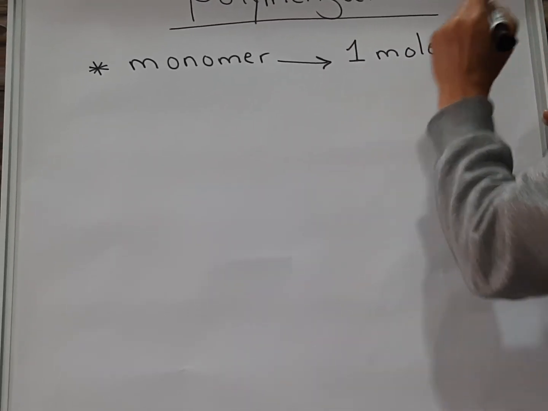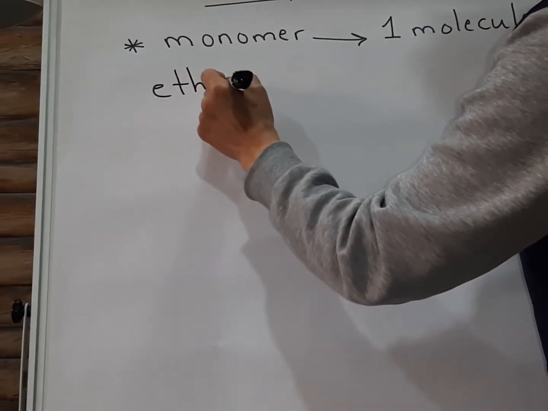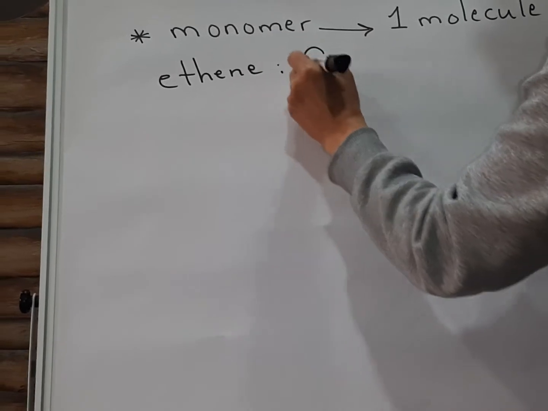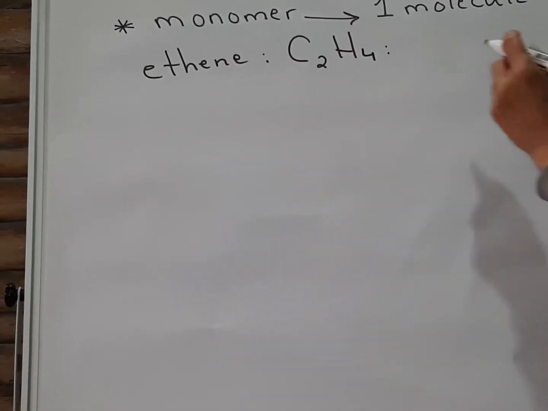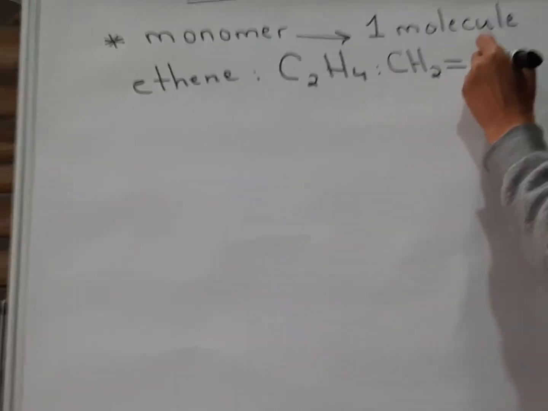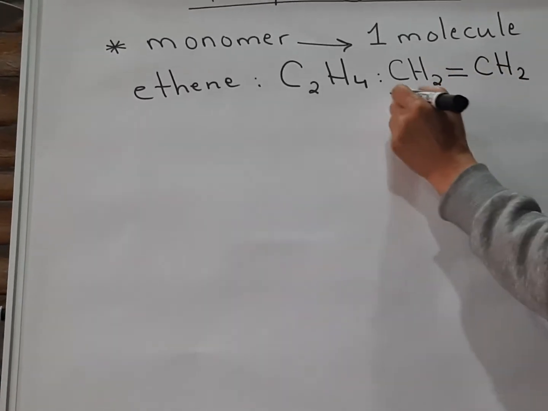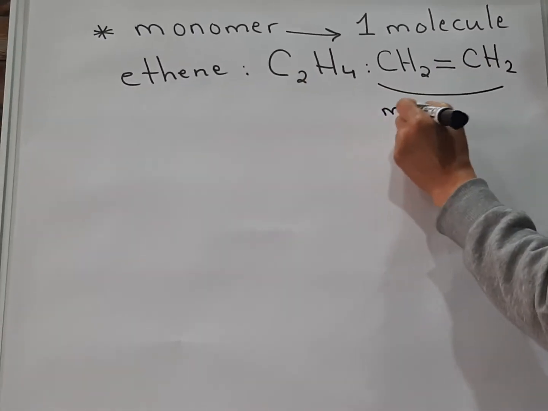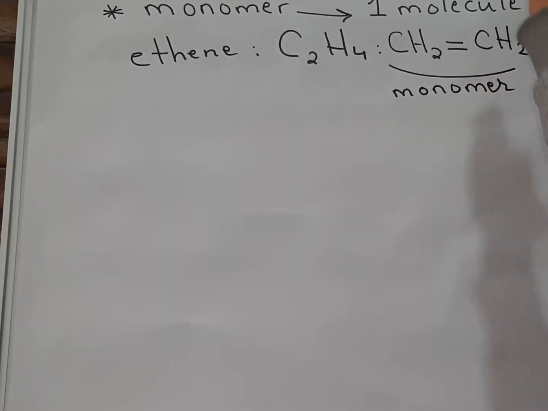For example, a monomer of ethene, which is C2H4. This is the molecular formula, having the condensed structural formula CH2 double bond CH2. This is a monomer of ethene since it represents only one molecule of ethene.